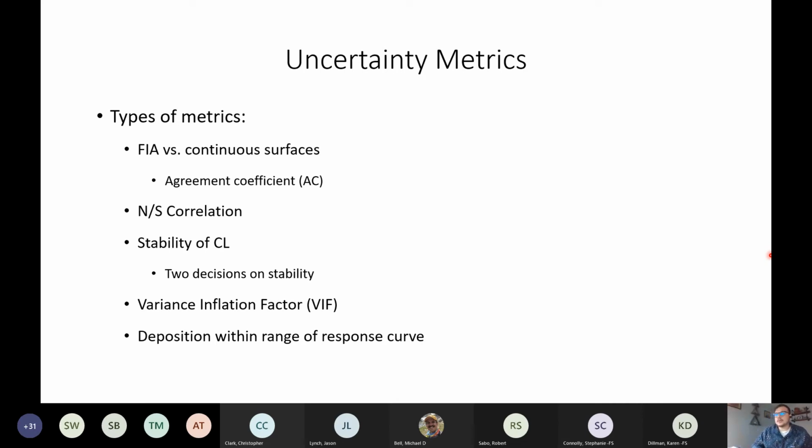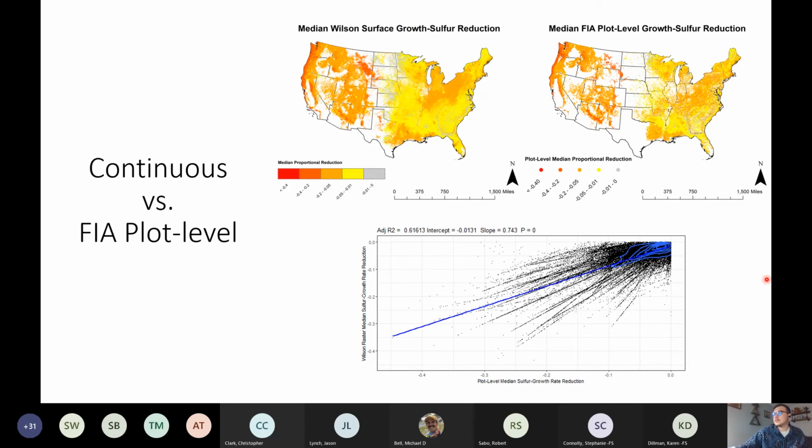So first off, we're going to look at the comparison between the plot level data versus the continuous surfaces. Here on the left is the continuous surface, and here on the right is the median of the plot level. I've taken a median across all the different tree species surfaces as it relates to their response for sulfur growth rates.